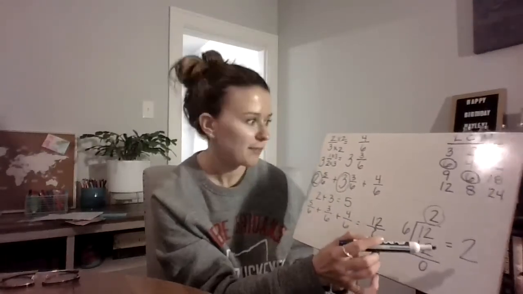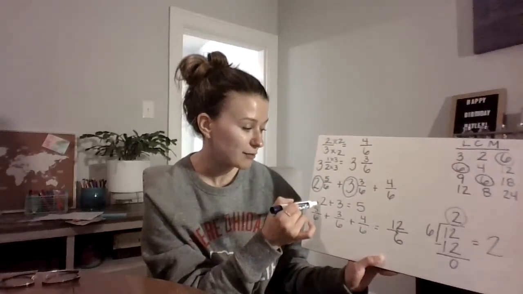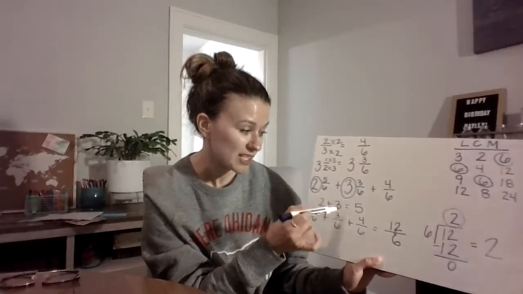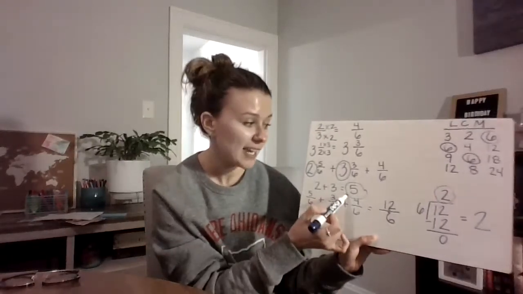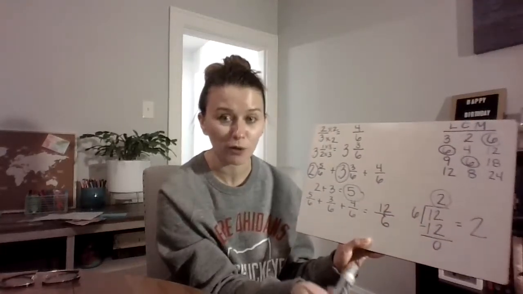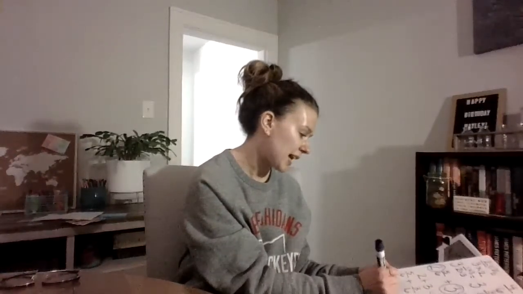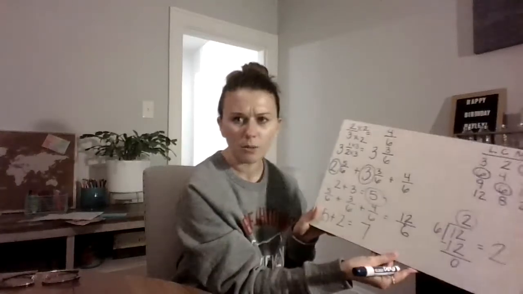So that's not my final answer. If we think back, we added our original 2 whole numbers, 2 plus 3, to get 5. So I need to take 5 and add it to my 2 over here to get my final answer. And 5 plus 2 equals 7. Well, 7 what?